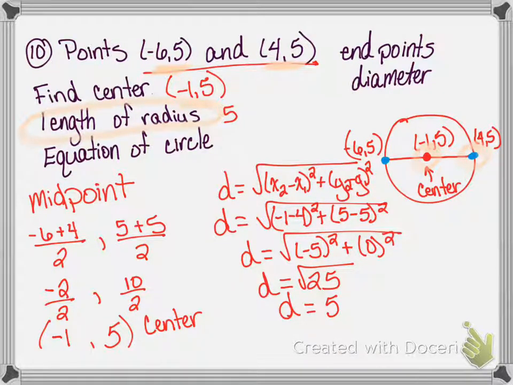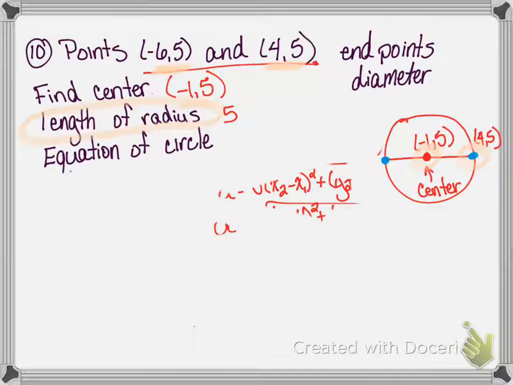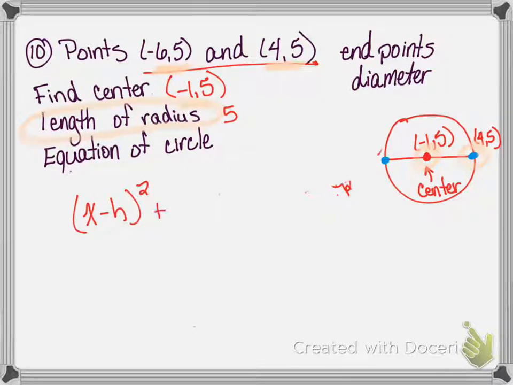Is it okay if I erase this? Okay. So the equation of a circle is x minus h squared plus y minus k squared equals radius squared. Okay? So I'm going to put negative 1 in for my h.